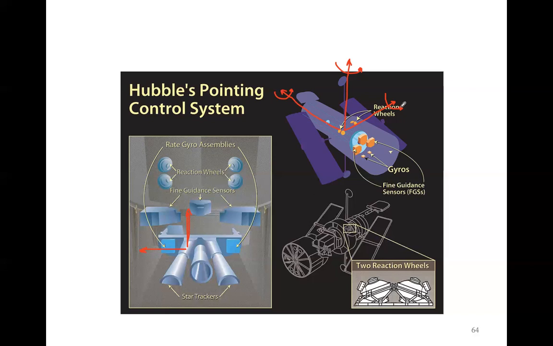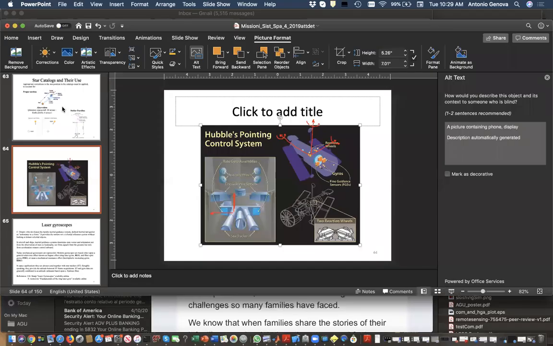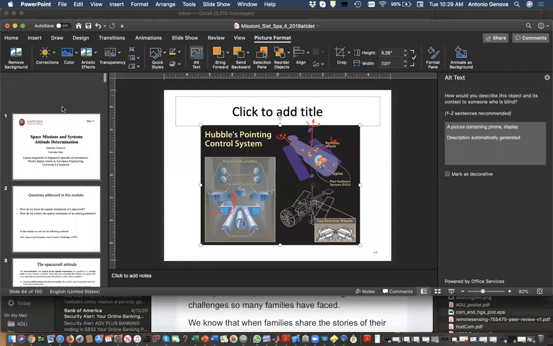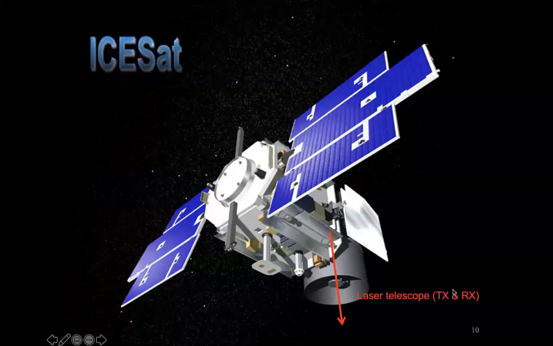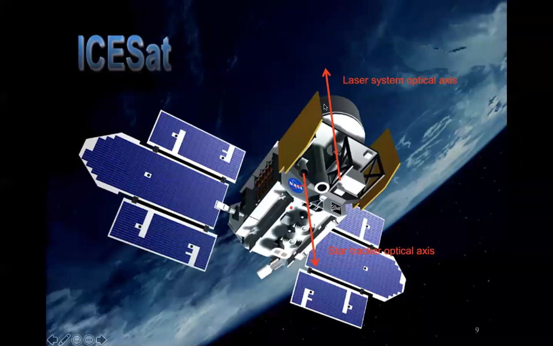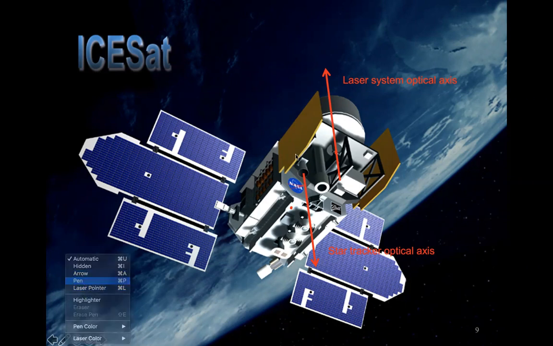Well, this is very similar to what we saw at the beginning of the course, when we looked at the LiDAR, the laser altimeter. Same idea here. As I said, the detector of a laser altimeter is a telescope. So you have a star tracker pointing towards the sky in order to determine the attitude of the telescope really precisely.